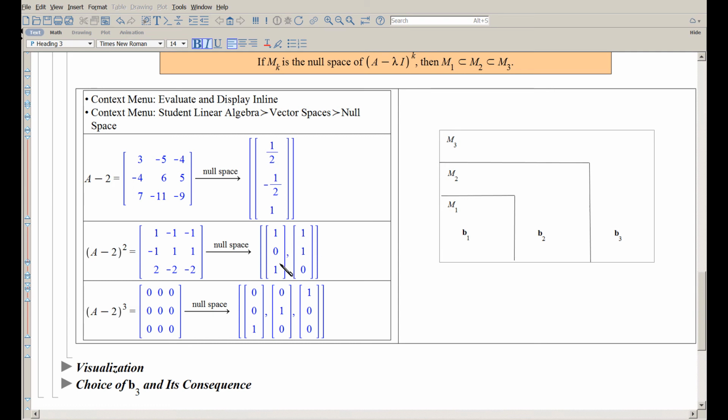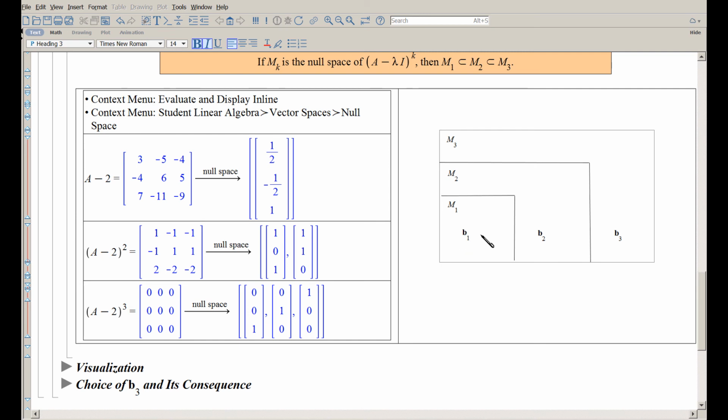Now here is a null space for a two-dimensional null space. Here's the eigenspace from the single eigenvector. Now this is a diagram that represents how M3 contains M2, which in turn contains M1.